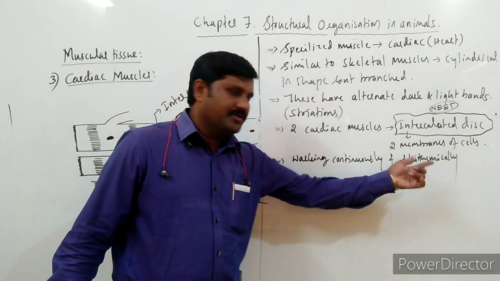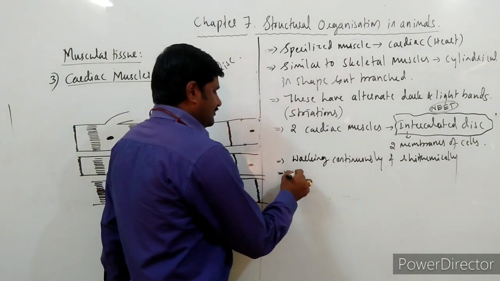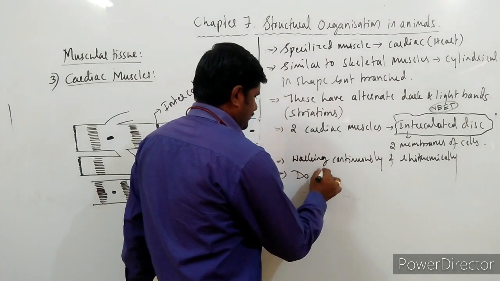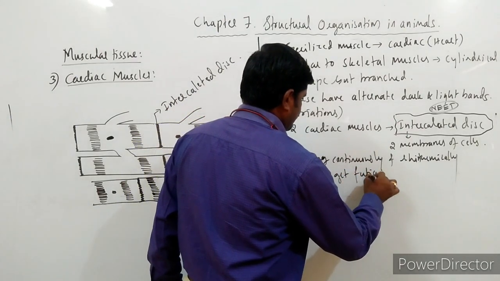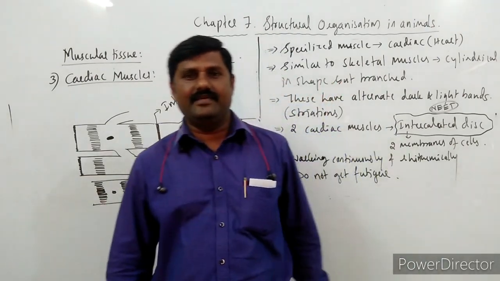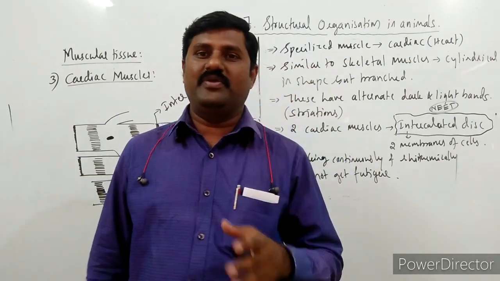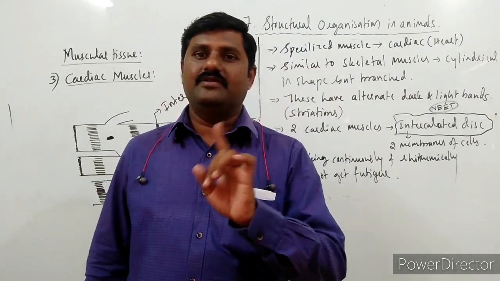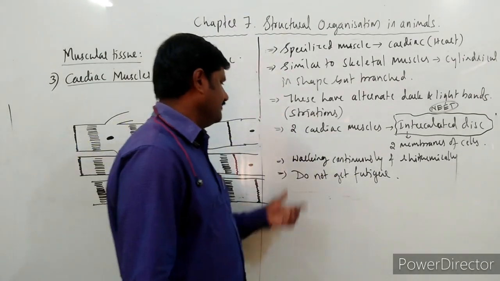This point is to be noted over here. And these do not get fatigued easily. They work until the last breath of the human being or the animal, and they do not get tired. So this is the unique feature of these muscle fibers.